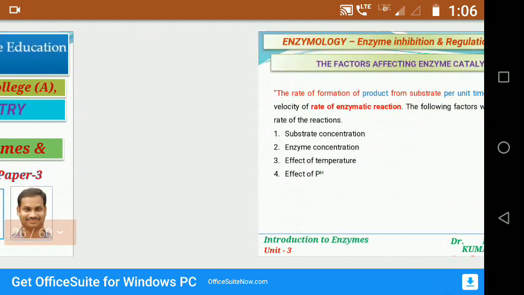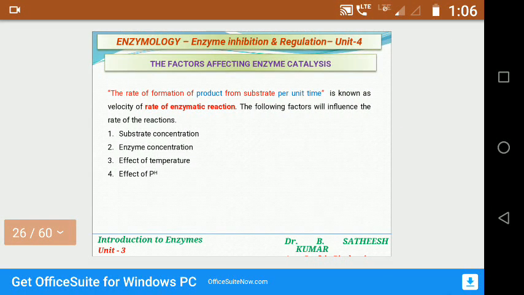So far, in the previous video lesson, we have covered the factors which are affecting enzyme catalysis. We quickly go through these four different factors which affect the enzyme catalytic activity. First one is substrate concentration.